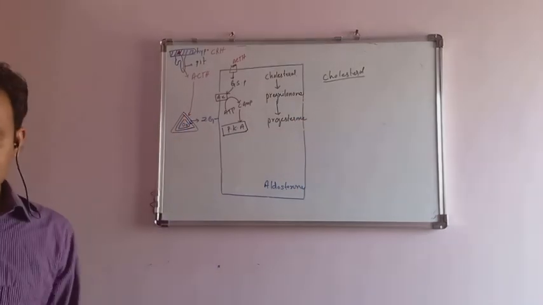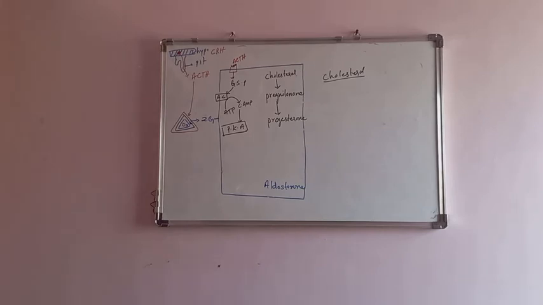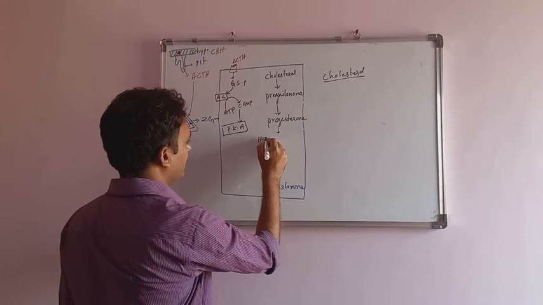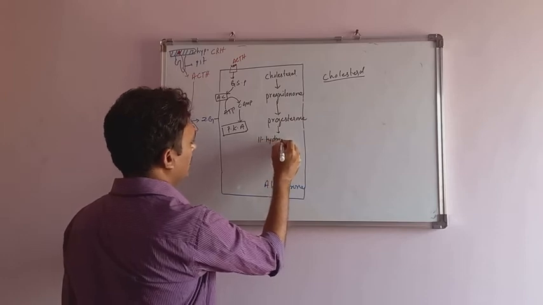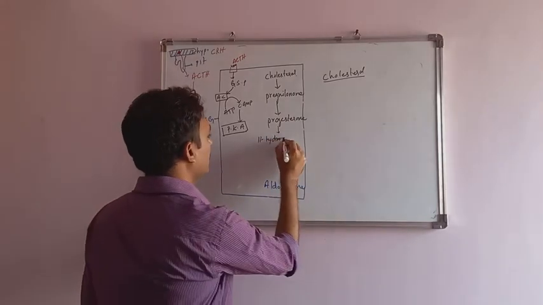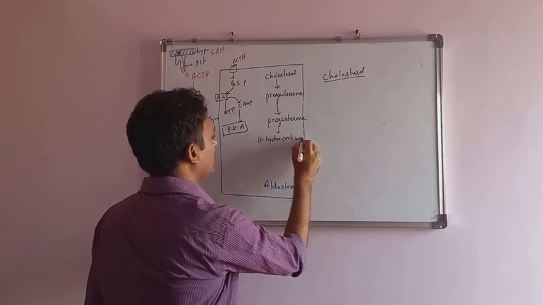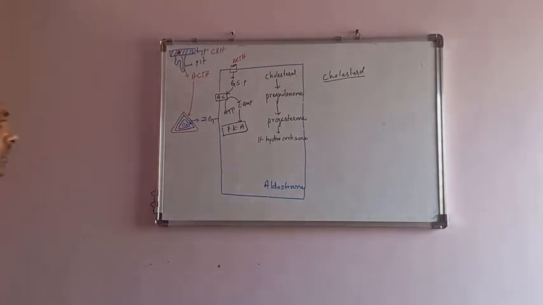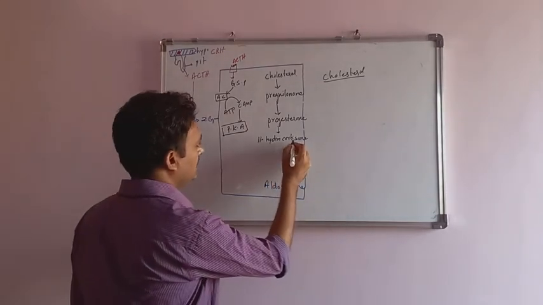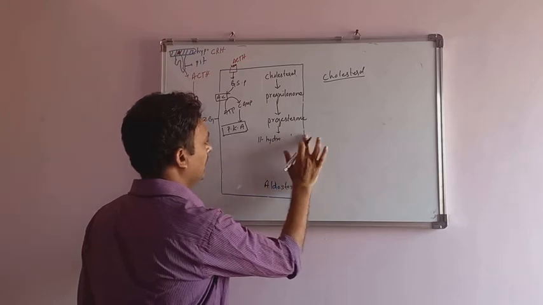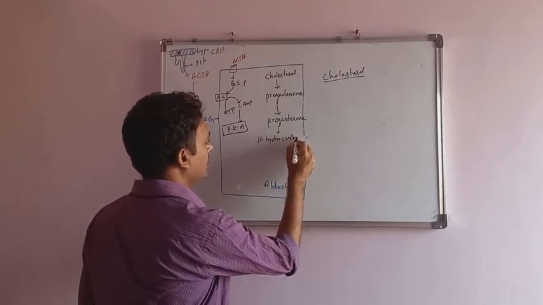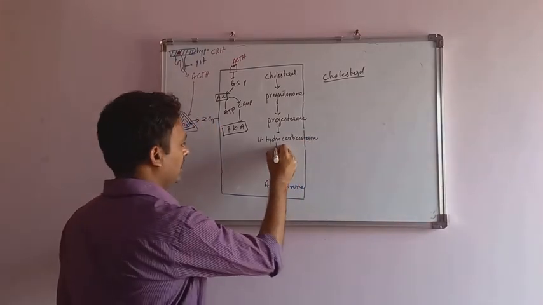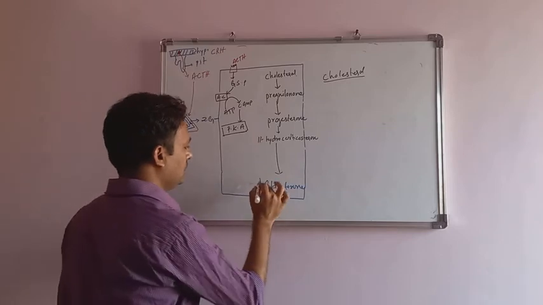From the progesterone, there is a production of 11 hydrocorticosterone.